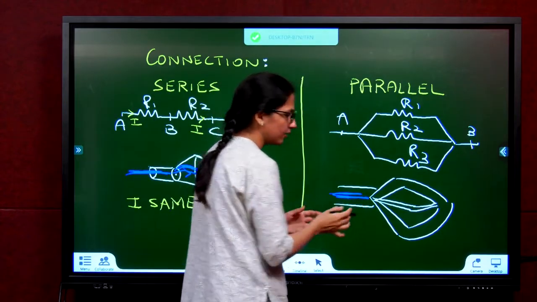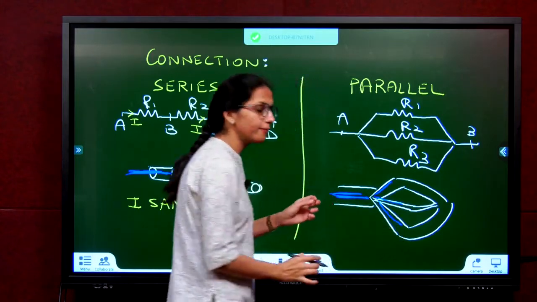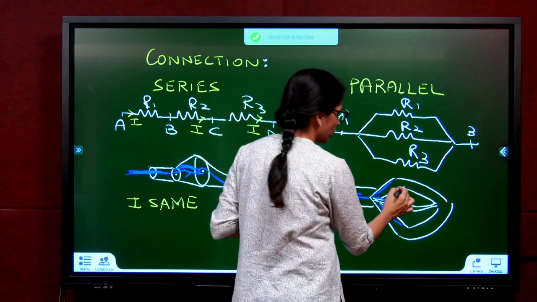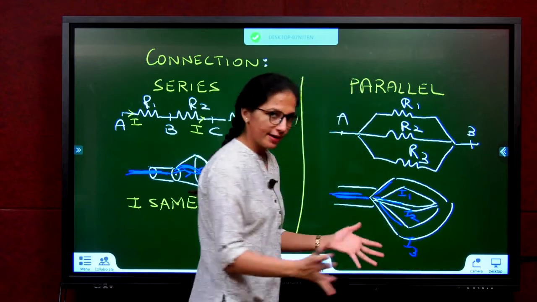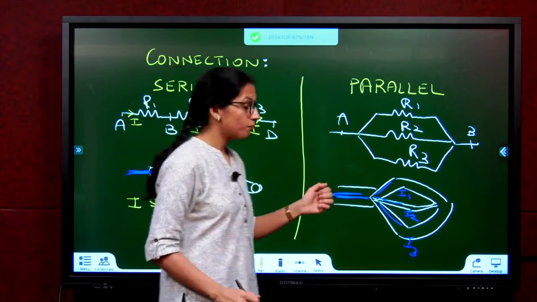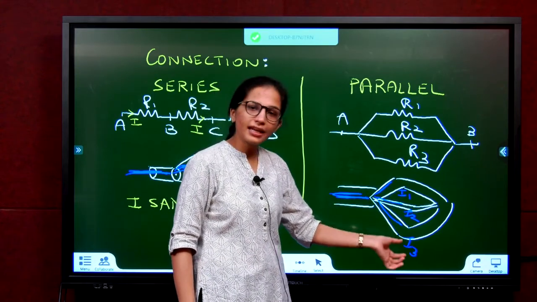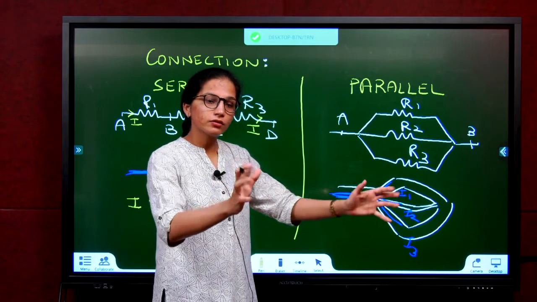All the water entering here, some will go in this pipe, some will go in this pipe, some will go in this pipe, they will divide. Agreed? If this pipe is big, more current will go. So I1, I2, I3, they will divide. But if there are 10 liters here and 1 liter is going here, 1 liter is going here, remaining 8 will go here. Same current I is dividing into 3.